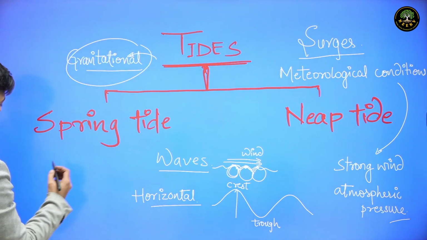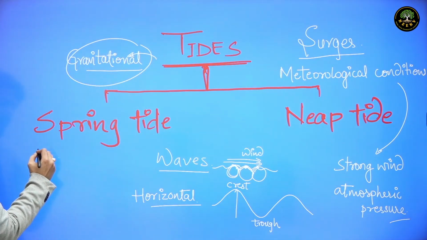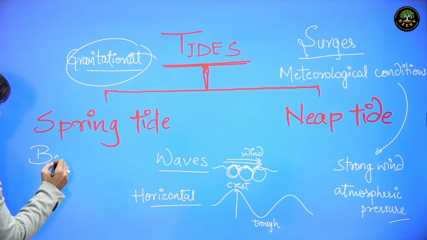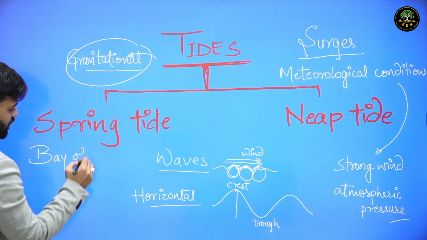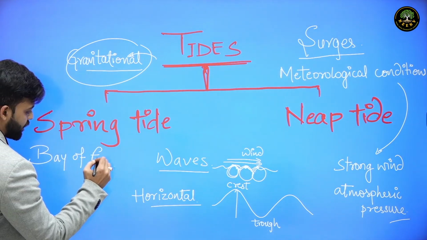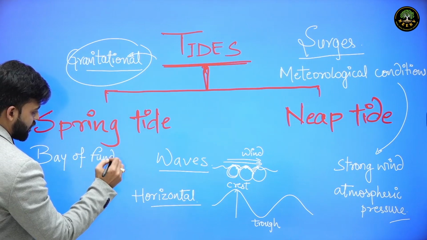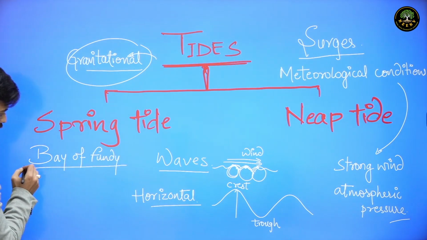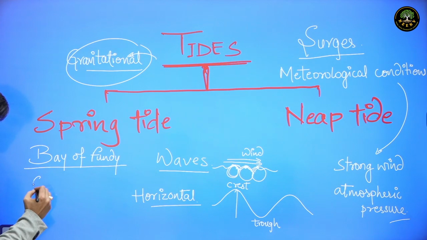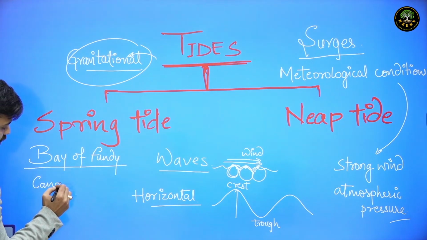Also, some key facts regarding tide is the highest tide is recorded in Bay of Fundy, which is located in Canada-USA border.